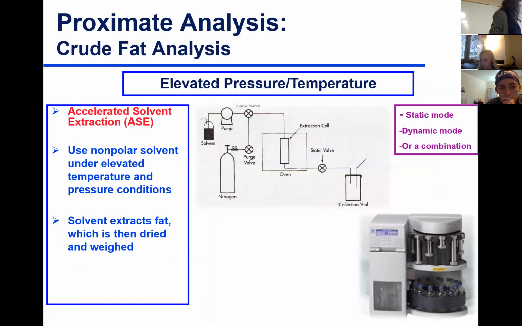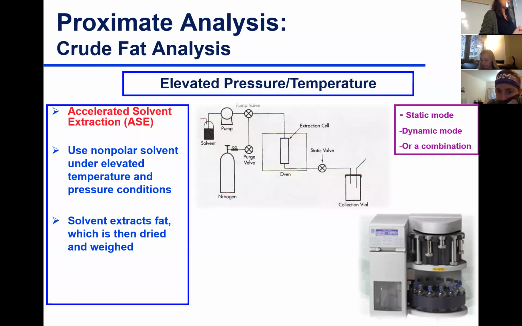Another elevated pressure and temperature method is the accelerated solvent extraction method. In this case, you don't have CO2, you have organic solvent, nonpolar organic solvent. But what you do is you apply pressure to the system so that the solvent does not evaporate at the low temperature.